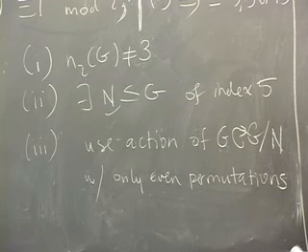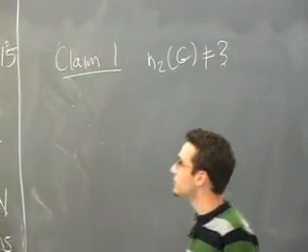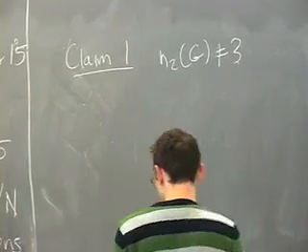So, the first thing I claim is, as I said over here, that n2 of G is not equal to 3.